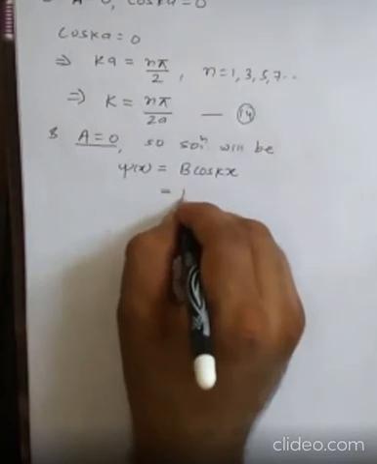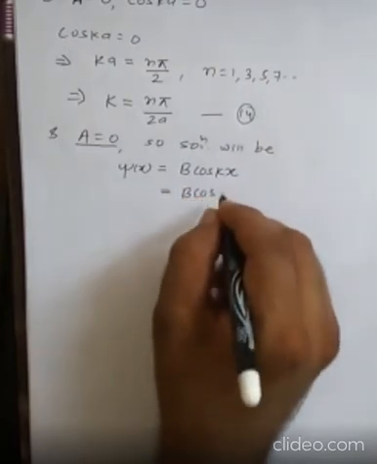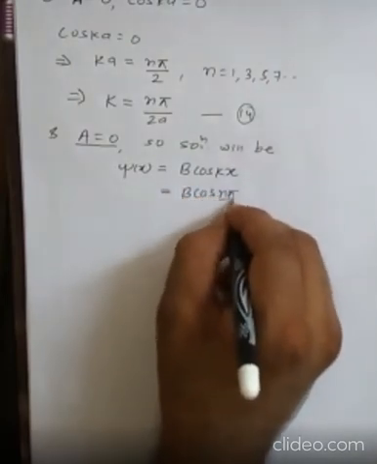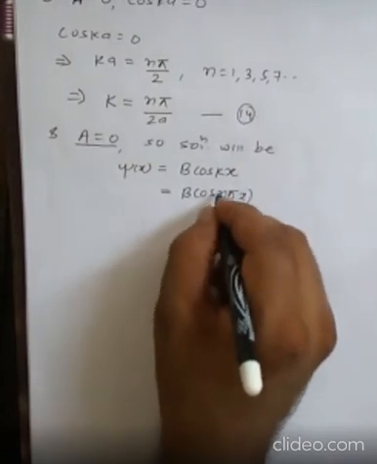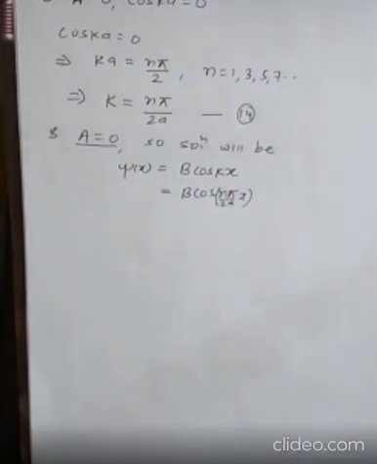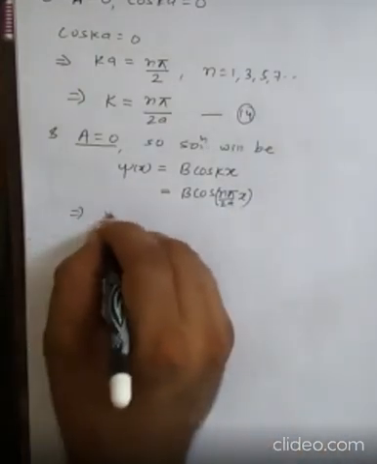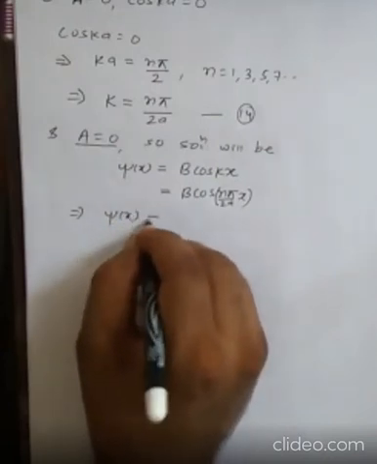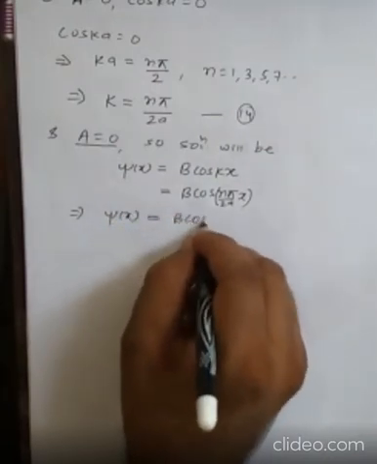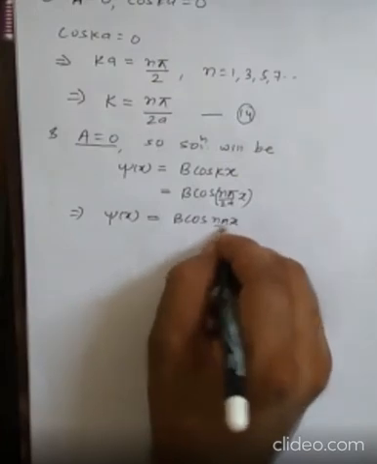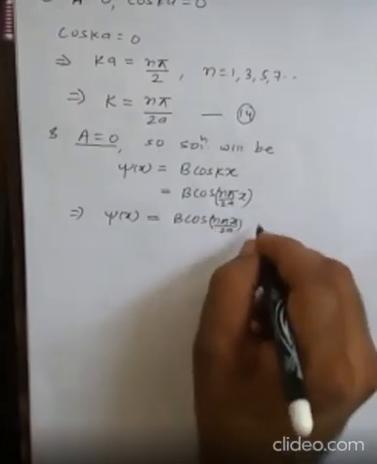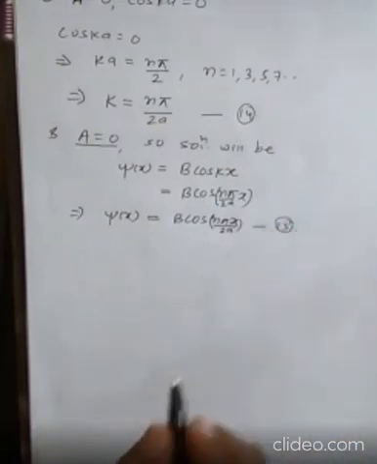And if I use the value of k here, k is n pi by 2a, so we get the general solution b cos n pi x divided by 2a.